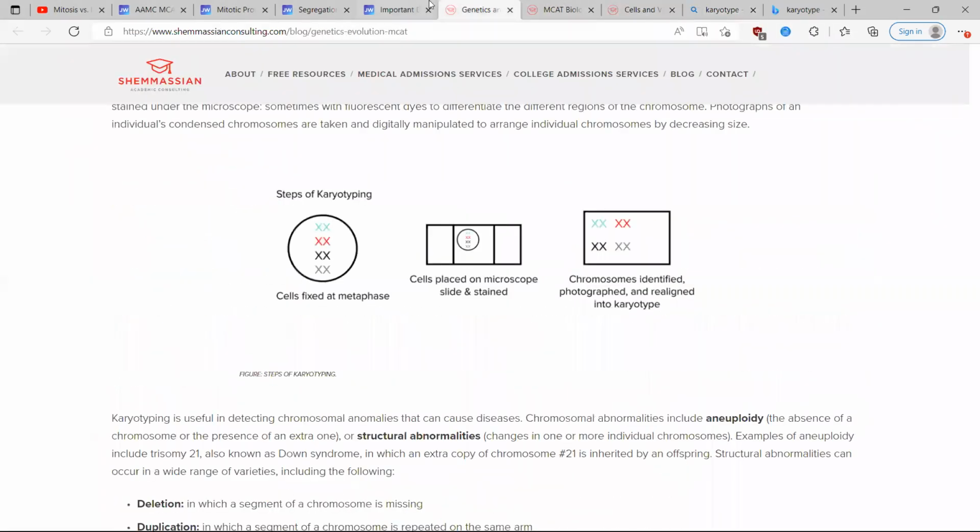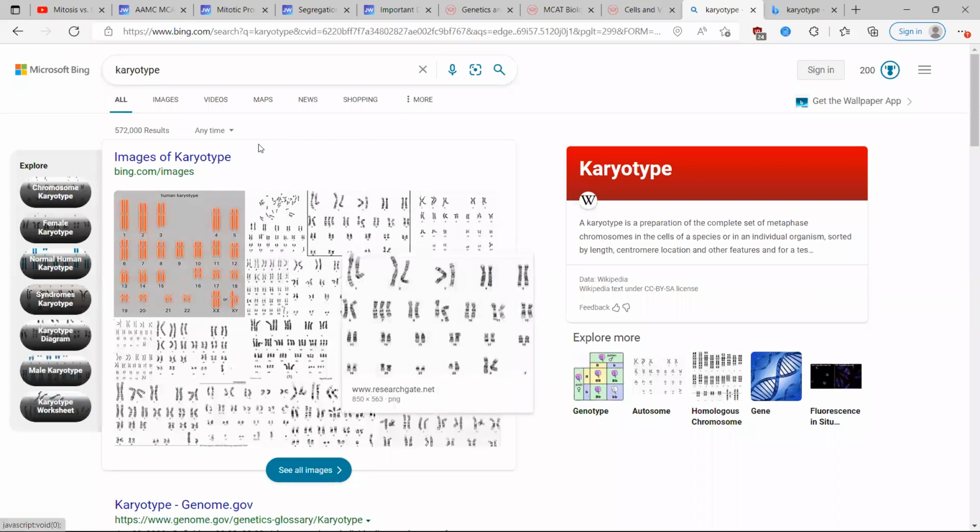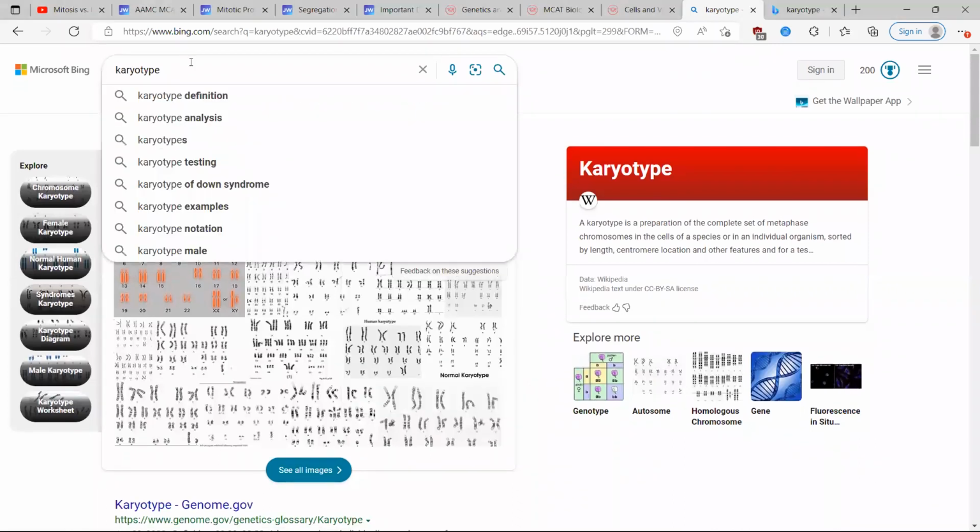So karyotypes, we just showed you a karyotype, right? You can stain and you can see your gene makeup, right? Now, the interesting thing is if you have a mistake, if you have a genetic error, you can see that.